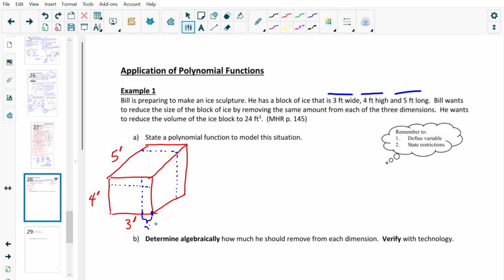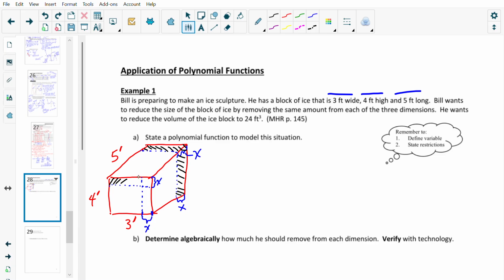Okay, so this amount would be x, this amount would be x, this amount would be x. So you can imagine shrinking this block down, cutting out, so I'll just shade it in here, this back side. So we're cutting out the back.